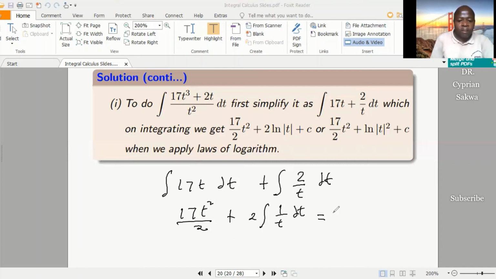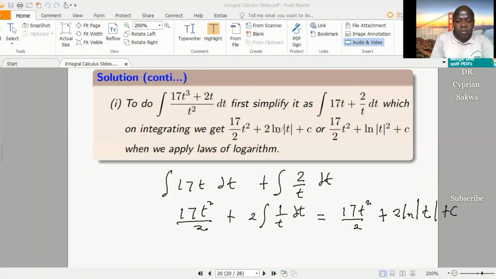The answer here is 17t squared out of 2 plus 2 ln of t plus constant of integration.